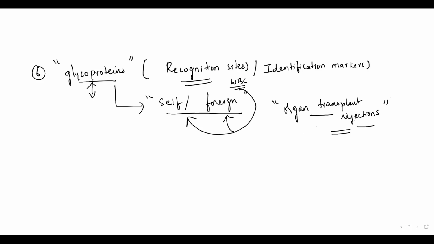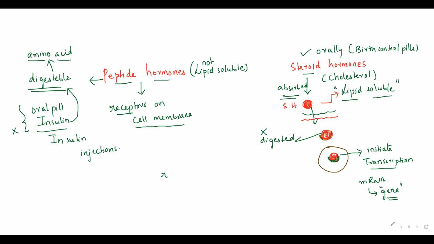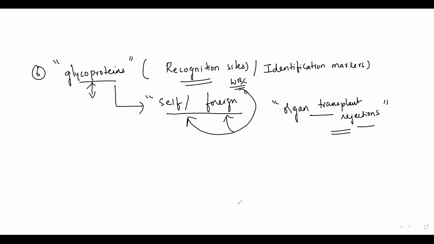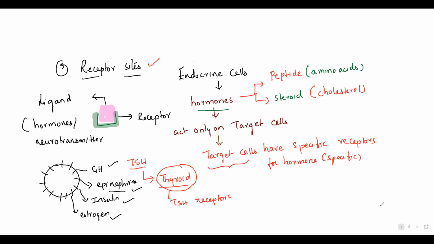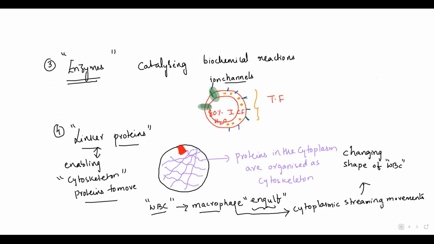So this is what I needed to speak about, children, the different proteins like glycoproteins, which act as surface antigens, or surface markers. They are identification markers. We have receptors, proteins acting as receptor sites for different ligands. We have enzymes.